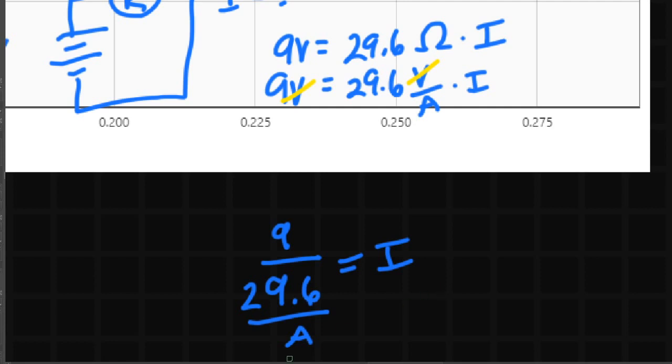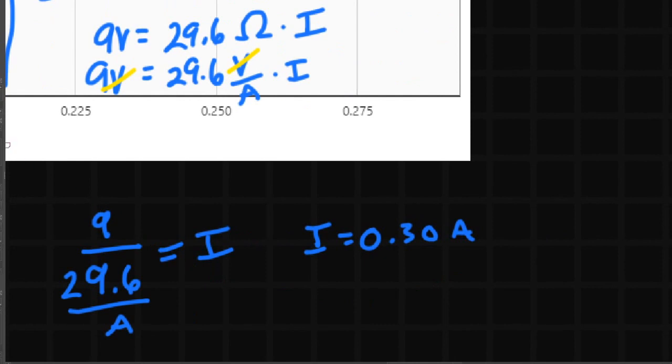So when I check on my calculator, I end up getting a current of 0.30. When I solve for this, I would predict a current of 0.30 amps. And we're done. That's our prediction.